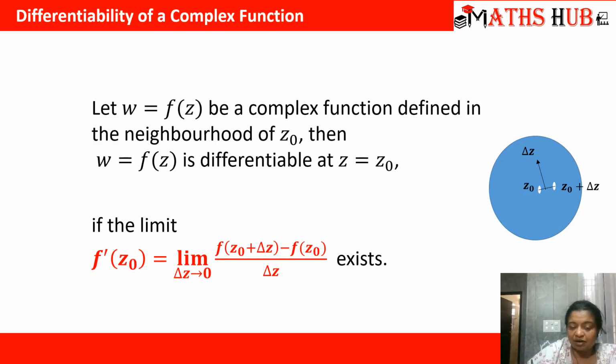It is f of z naught plus delta z minus f of z naught. Change is how much? Delta z. And when we take this limiting case as delta z approaches 0, this limit is called f dash z naught. So you can see that there is no change in the definition. Instead of h, we are just taking delta z, representing a change in the complex variable, right?